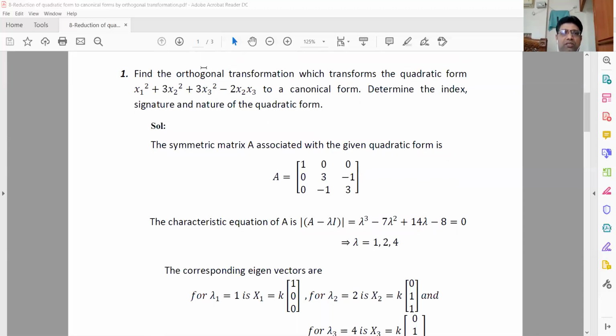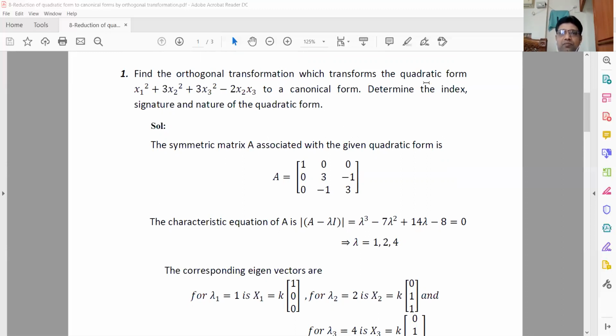It is also asking to determine the index, signature and nature of the quadratic form.